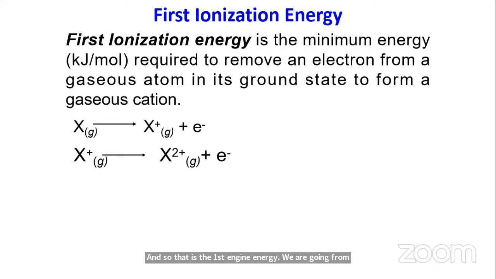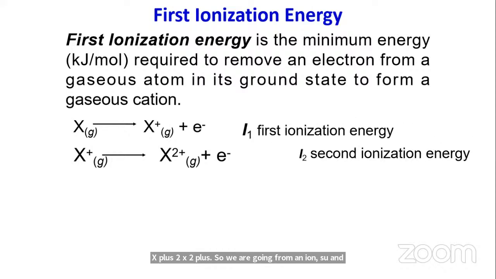Now, apart from the first ionization energy, we have other ionization energies: the second, the third, and we can have the fourth ionization energy. In each case, we are removing 1 electron. For the second ionization energy, we are going from the univalent positive ion, X plus, to X2 plus. So we are going from an ion to an ion of a higher charge.